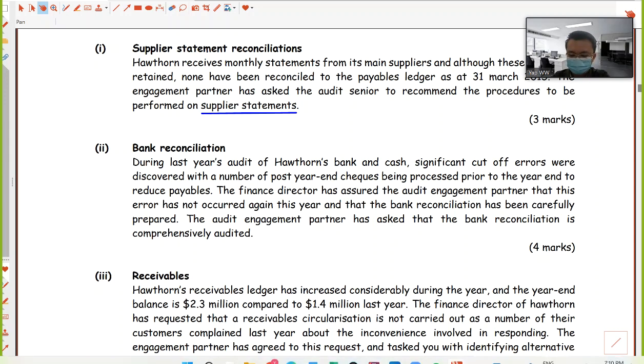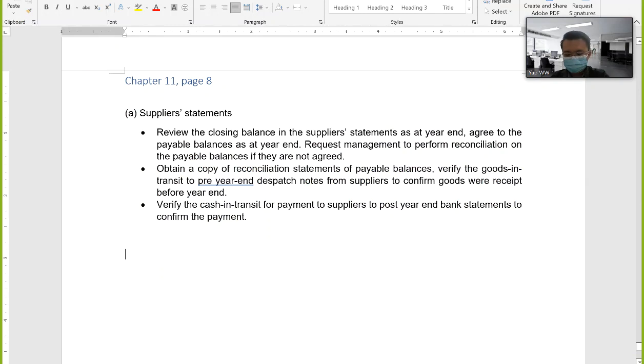4 marks requirement. So basically, for part 2, the scenario tells you nothing. Nothing specific in the scenario. They just ask you to audit bank reconciliation. So you can refer to notes in chapter 11, page number 6 for answers.